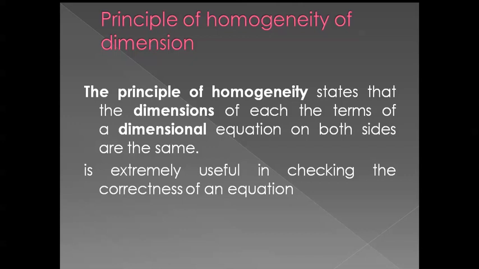On the LHS we have term V, and on the RHS we have two terms, U and AT. A into T is one term. The terms are separated by addition or subtraction only. Here we have one addition, so there are two terms on the right, U plus AT. So V is the first term, U is the second term, and AT is the third term. There are three terms.